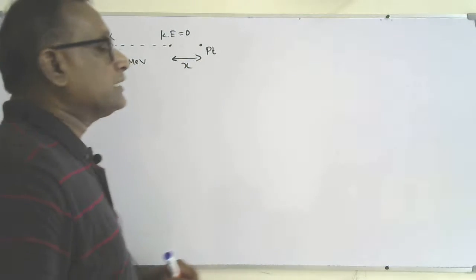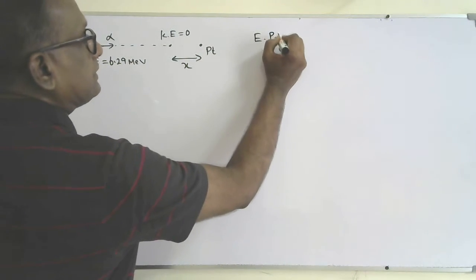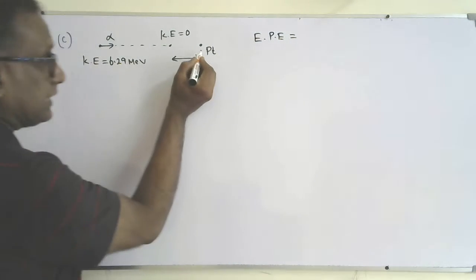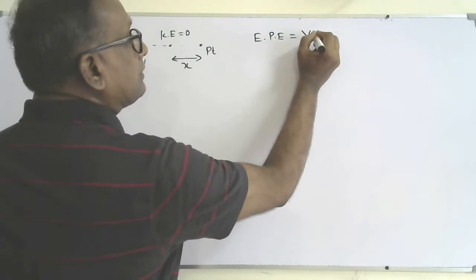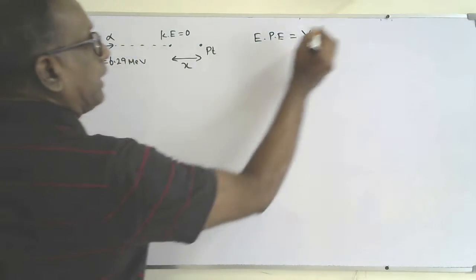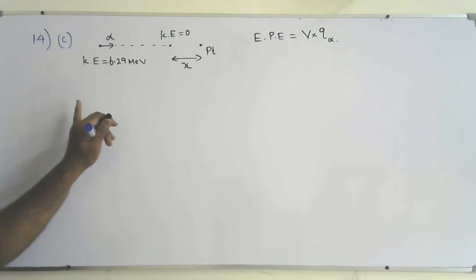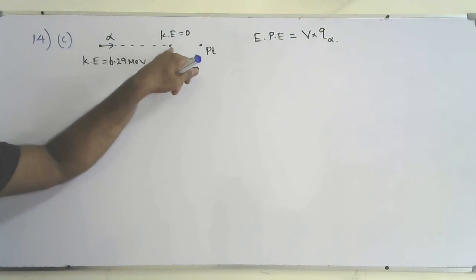So the electrical potential energy gained by the alpha particle is given by the electrical potential created by platinum at point x times the charge of the alpha particle. That is the electrical potential energy of the alpha particle at the position closer to the platinum nucleus.